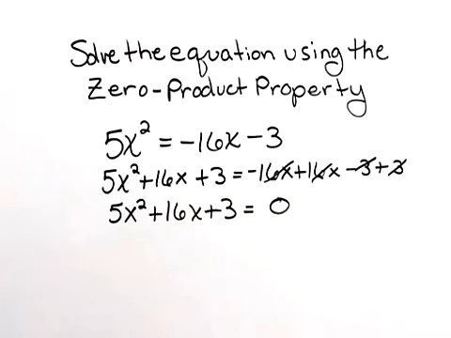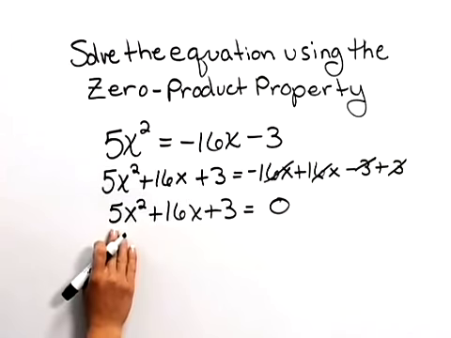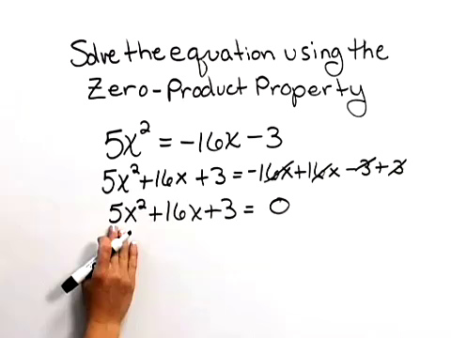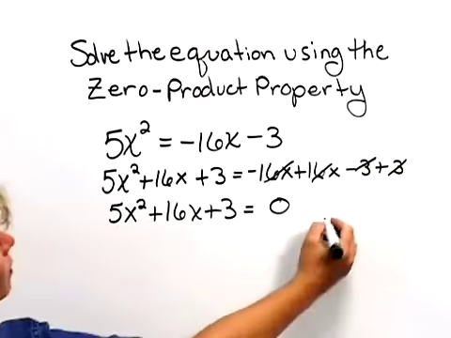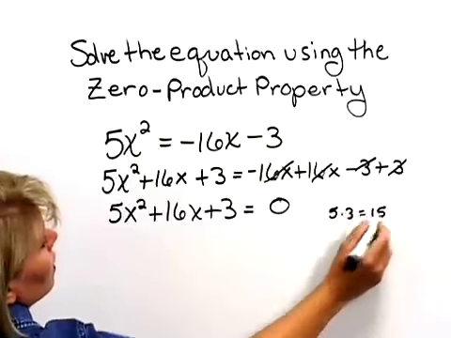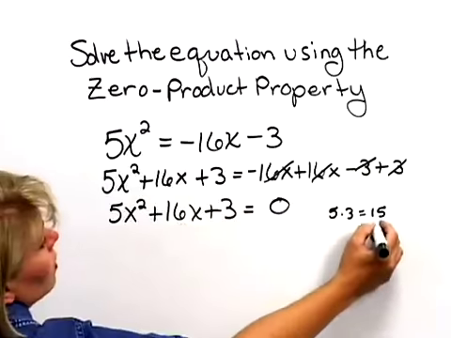Now we need to factor our trinomial here. I notice there are 3 terms, there's nothing in common to them, and the first coefficient here is a 5, it's not a 1. So let's use factoring by grouping. Let's multiply this 5 times the 3, and 5 times 3 is 15. We need factors of 15 that will add up to the 16 in the middle.